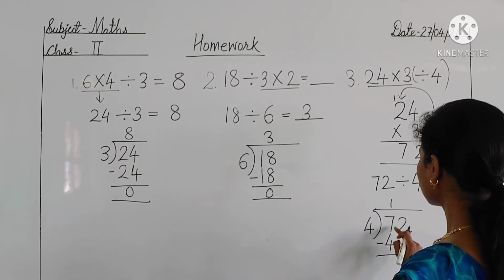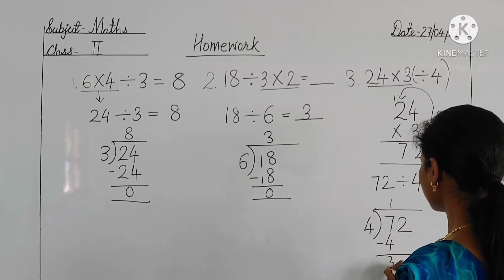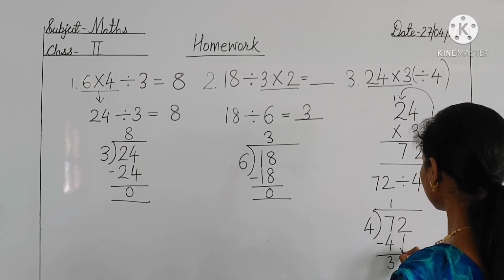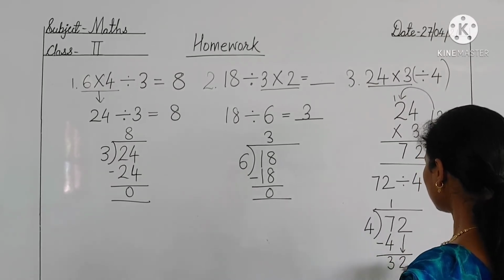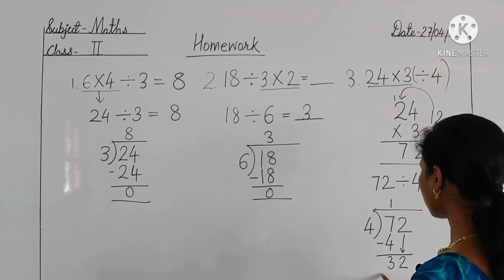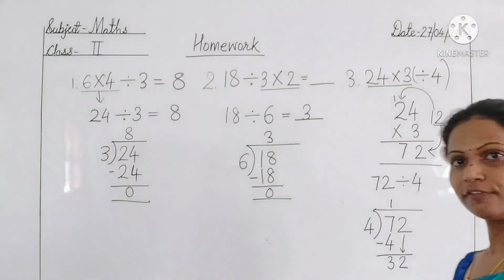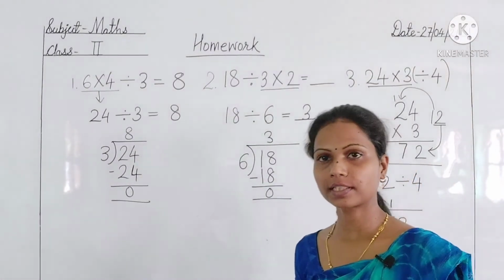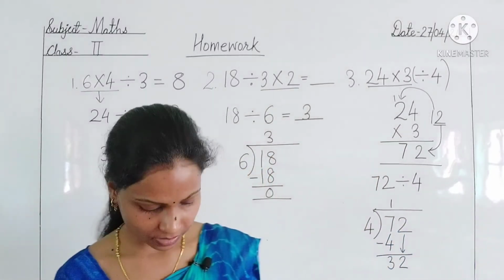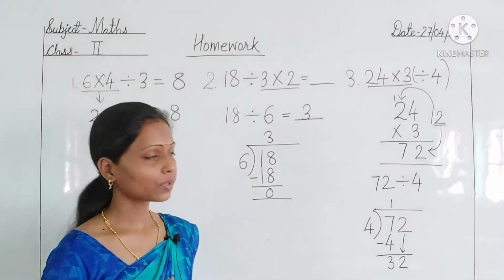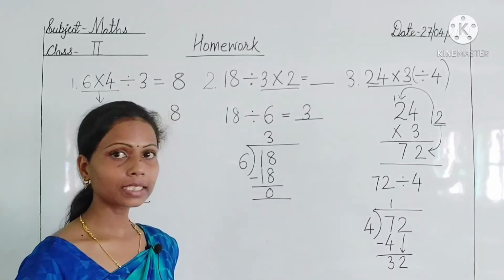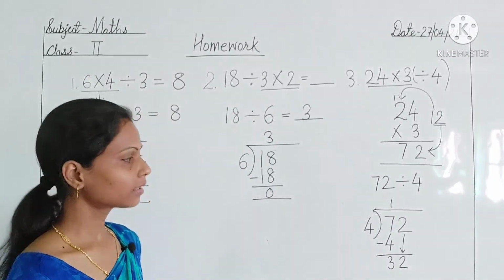Now we will subtract, 7 minus 4 is 3. Now we will write the 2 here. Now 32. What number we have got? 32. So again we will say the table of 4 where 32 comes. 4 1s are 4, 4 2s are 8, 4 3s are 12, 4 4s are 16, 4 5s are 20, 4 6s are 24, 4 7s are 28, 4 8s are 32.